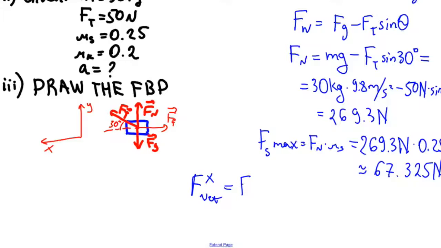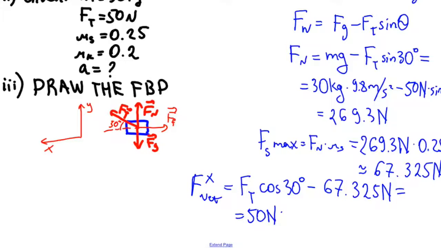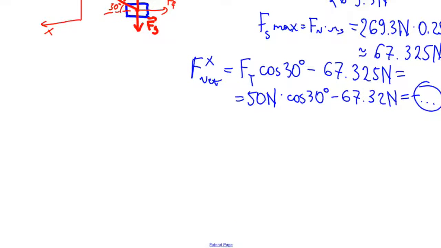So it's F tension cosine 30 degrees minus 67.325 N, which is 50 newtons times cosine 30 minus 67.325 N, which is some negative number. We don't really need to know what the negative number is because the result that it is negative tells us that the friction force here is the static friction.